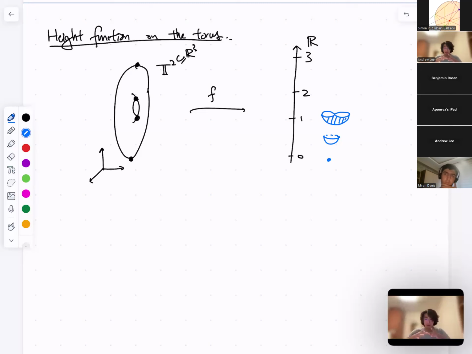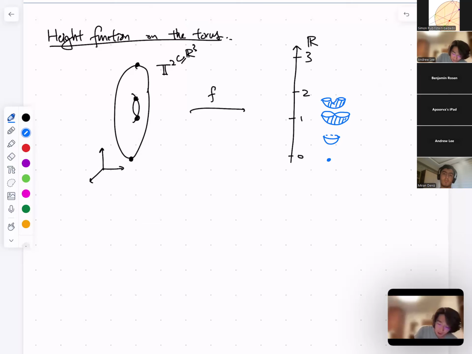As the lip of the cup cinches and then kisses itself. And then as I scan up between 1 and 2, I'll have this proper elbow of macaroni. But again, no matter which number I pick between 1 and 2, I should end up with a sublevel set that looks essentially the same.